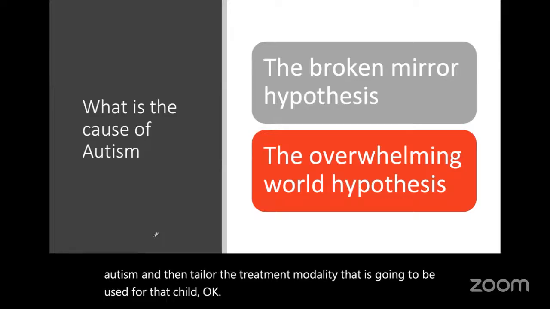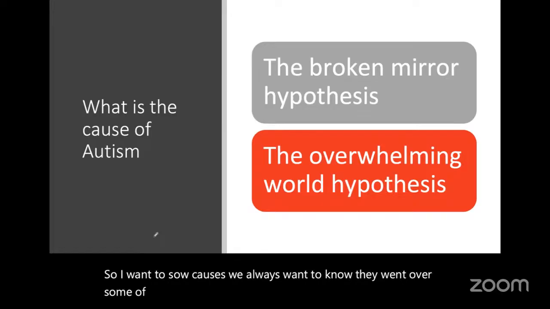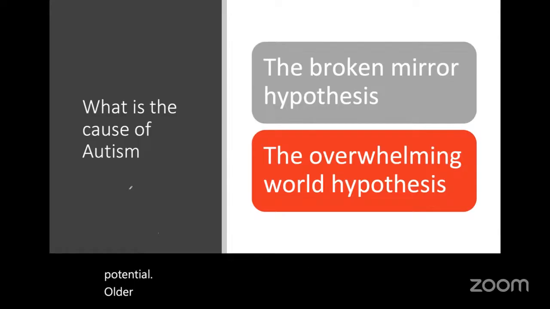So I do want to go over causes, because we always want to know. They went over some of the potential physical ones, such as the gut issues, potentially older parents, and what were the other ones? Testosterone exposure.